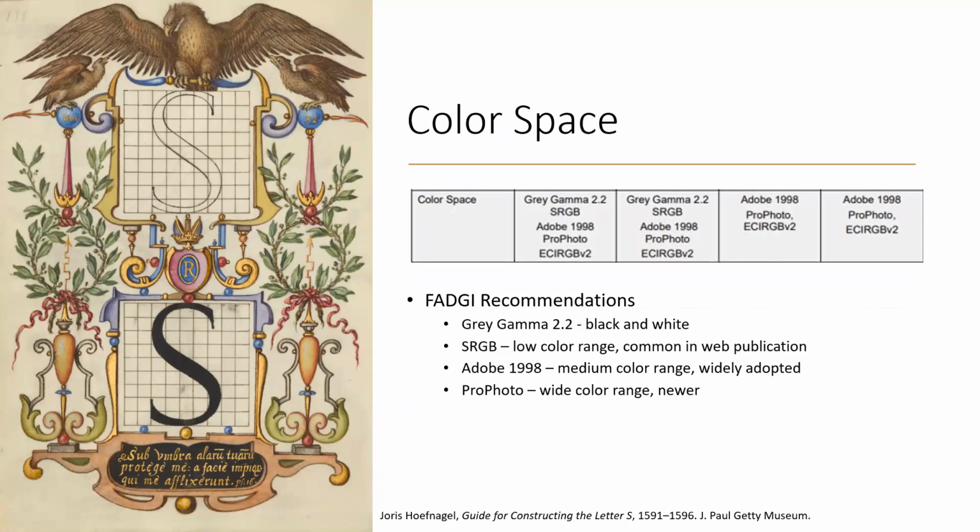Adobe RGB 1998 has a wider range of colors, and it's almost universally accepted by many different softwares and displays. And ProPhoto RGB has an even larger range of colors and provides a lot of flexibility in editing. This is a newer color space. The one we usually use and recommend at CCAHA is Adobe RGB 1998, mostly because of its wide adoption.